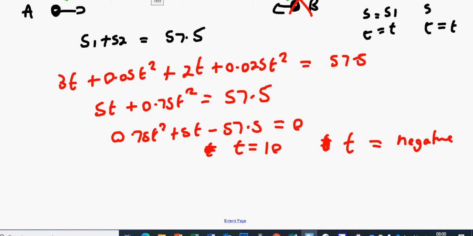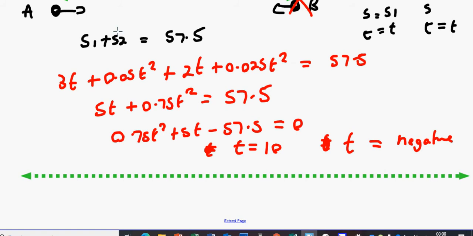Find the speed when the two of them meet. Well, that's not so bad, because we have V equals U plus AT for both of them. So the first one was going at a speed of 3, has an acceleration of 0.1, and we know it's traveling for 10 seconds.